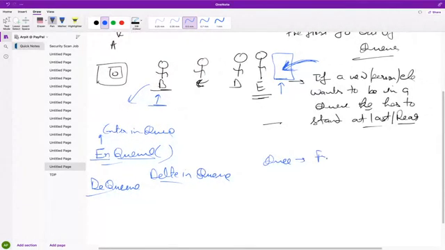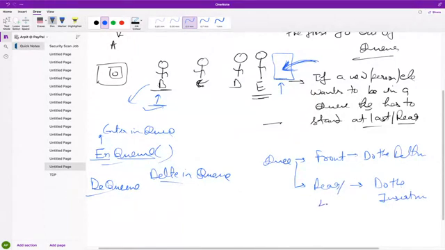Sometimes people call this pointer a front, from where we will do the deletion. People call it a front, and the other one they call a rear, where we do the insertion. Or you can say rear as last or front as first, anything according to you.